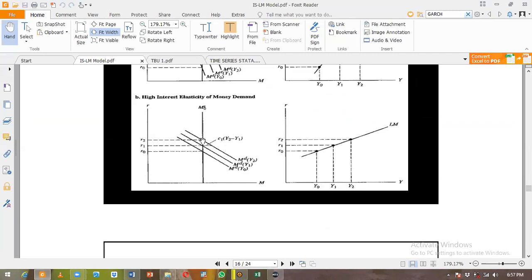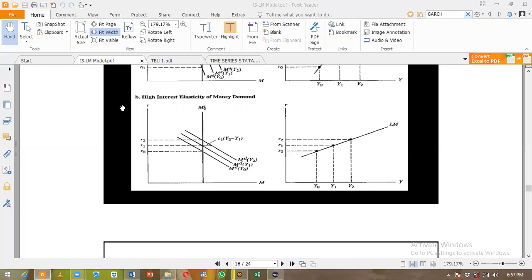But here, because money demand is very responsive to the interest rate, you don't really need to increase the interest rate much. If you want money demand to fall by 50%, you have to increase your interest rate by something less than 50%. Maybe just 10% could discourage people from demanding their money, and that's the reason why the curve is less steep.